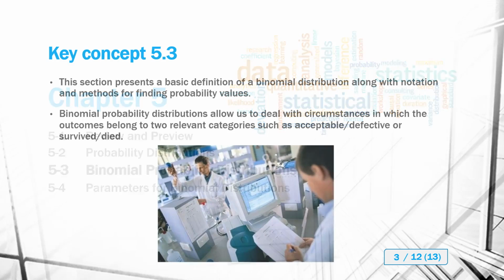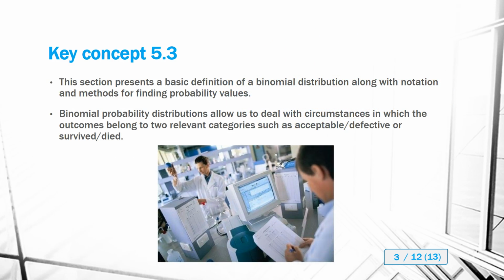So let's dive in. The key concept for this first section on the binomial probability distribution is the basic definition, notation, and conventions of how we work with it. Overall, the binomial probability distribution allows us to deal with circumstances where the outcome can be classified in one of two ways.